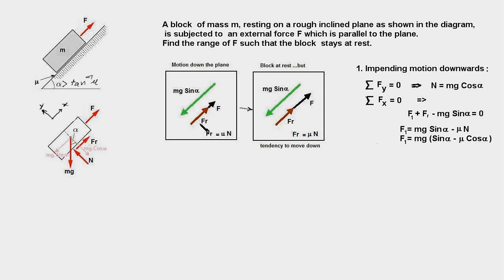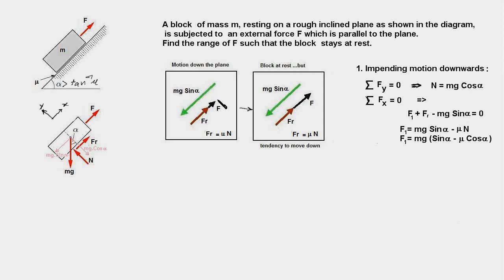The frictional force Fr is also acting up the plane, and in fact this is the kinetic friction, because the block is moving down, and its value will therefore be mu k times N. But in this example, mu k is the same as mu, therefore it is mu times N. Mg sin alpha is acting down the plane, and as you can notice, this magnitude is much larger than the combined magnitude of forces F and Fr. So the net force would be acting downwards, and therefore the block will move down the plane.